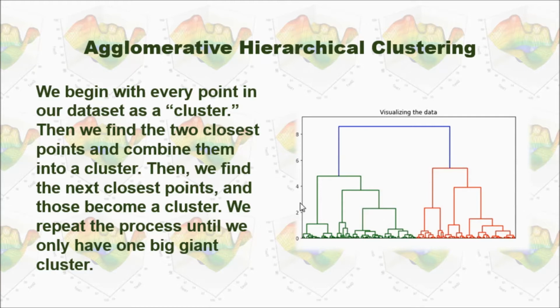If we stop at 3, at this point, we are going to have 1, 2, 3, 4, 5, 6. So, depending on where we stop, we are going to have different numbers of clusters.